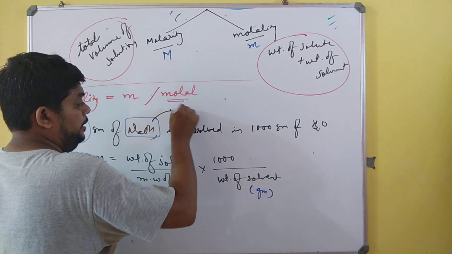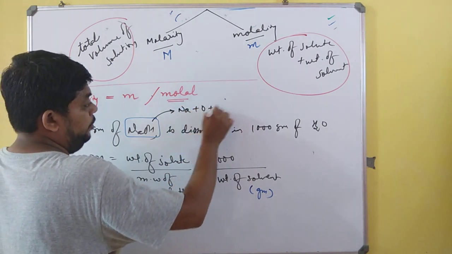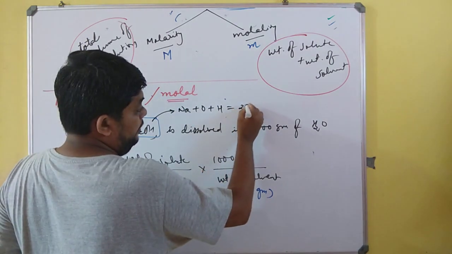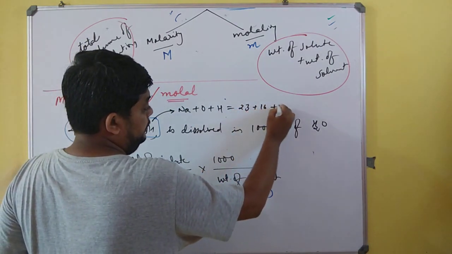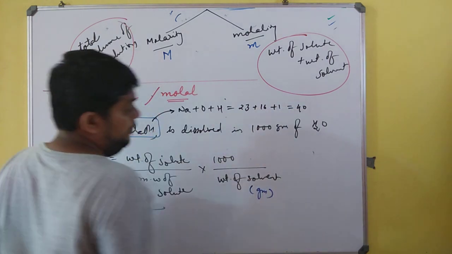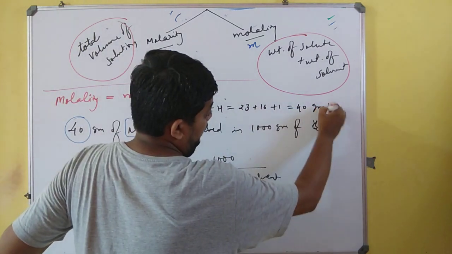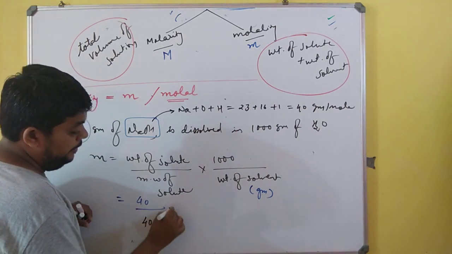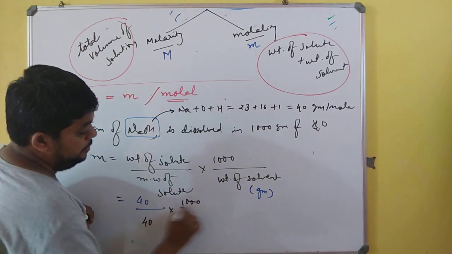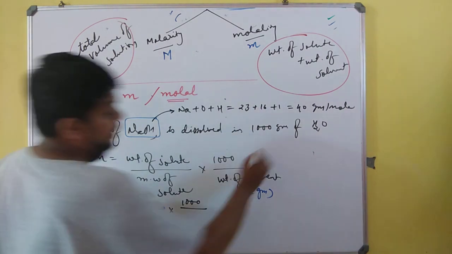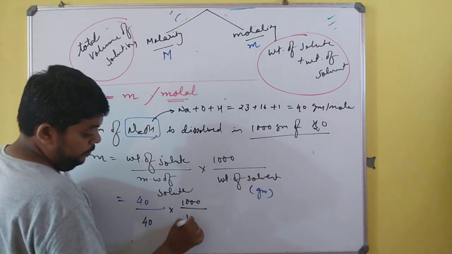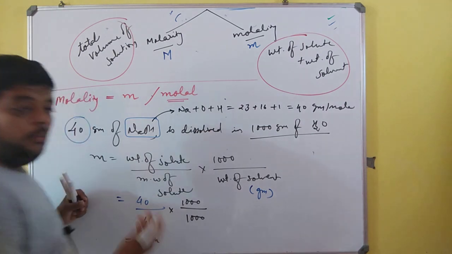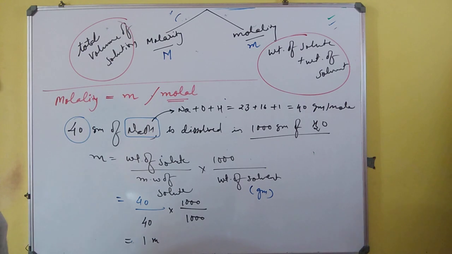So it would be Na plus O plus H, and when I add it up, 23 gram for Na, 16 for oxygen and 1 for hydrogen, I will end up with 40 gram per mole. So here it would be 40 multiplied by 1000, and weight of solvent we have 1000 gram. So once I solve it, I will end up with 1 molal solution.